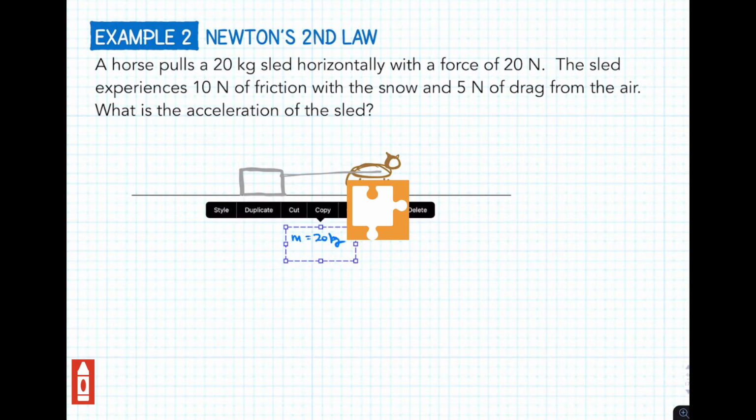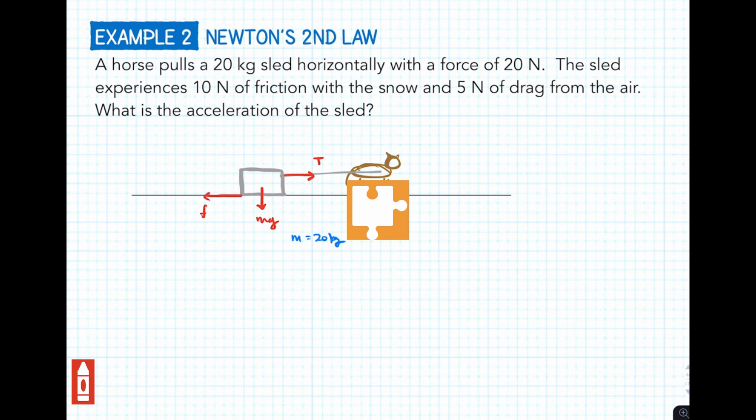The horse force, which I'm going to call tension. Anything else? Weight, right? We'll call that mg. Anything else? Friction.